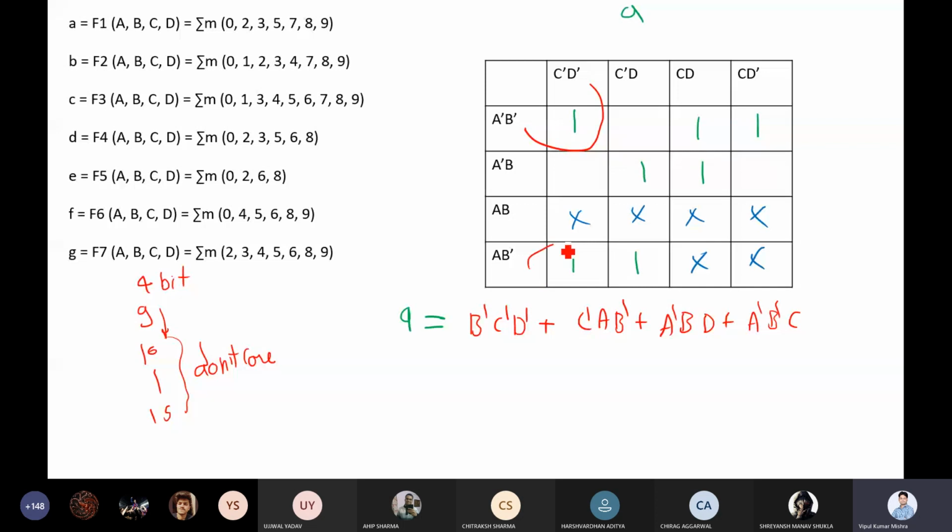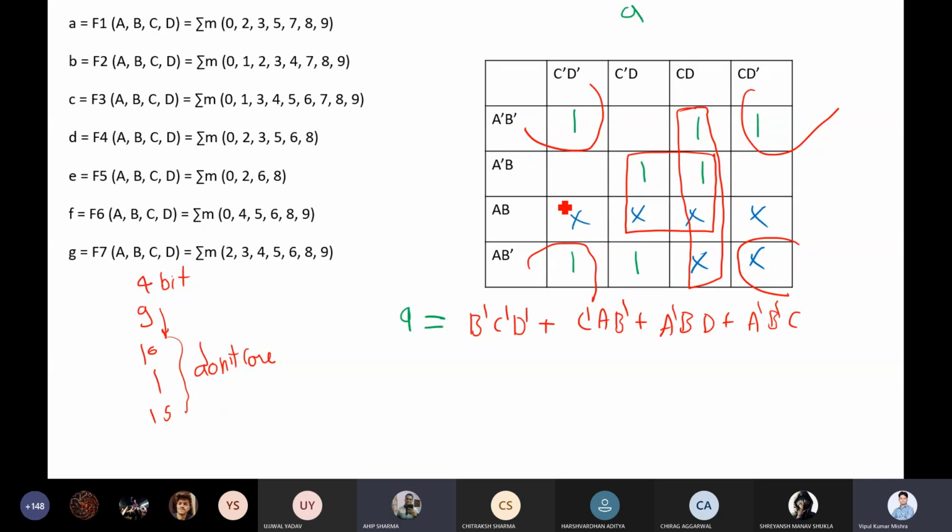So let us make this quad. What about this? We can make this quad as well. Then can we make this quad?